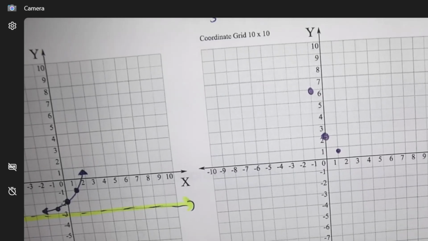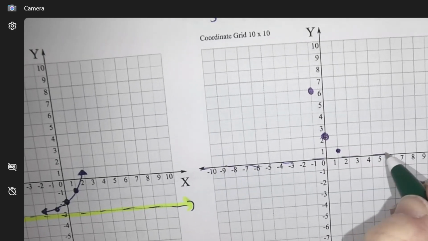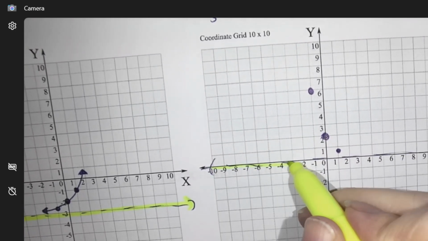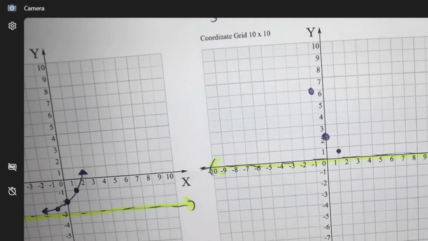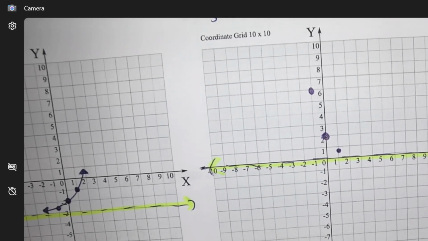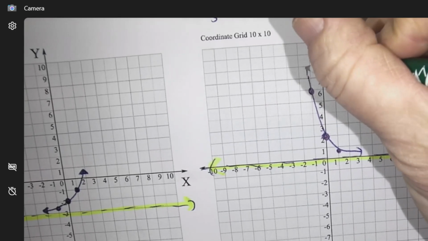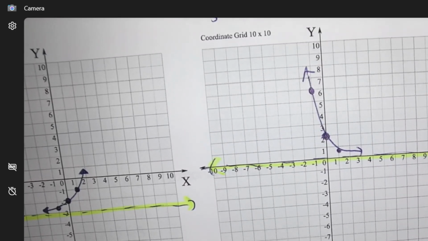Okay, and there's a horizontal asymptote. Where is it going to be? Y equals 0. The only thing that changes these asymptotes is a d value. The only thing that would move that asymptote is a d shift, up or down.